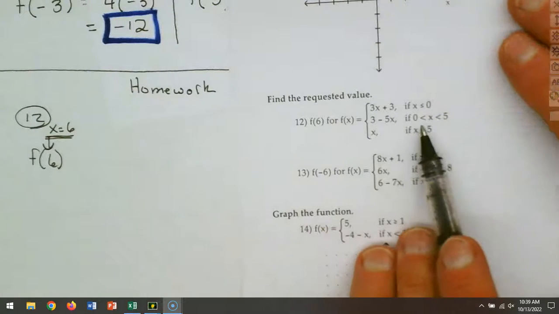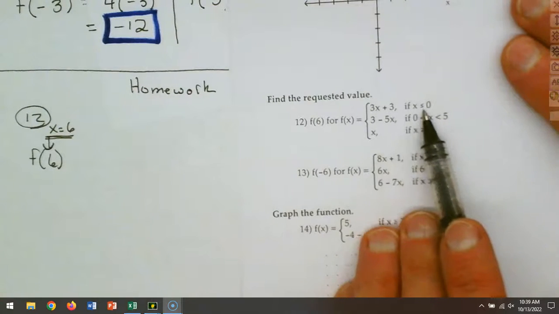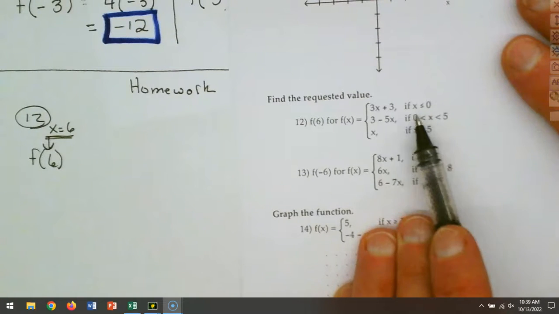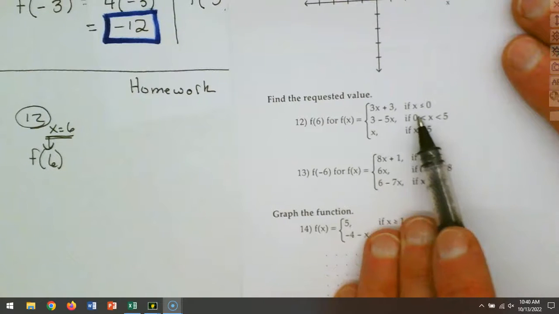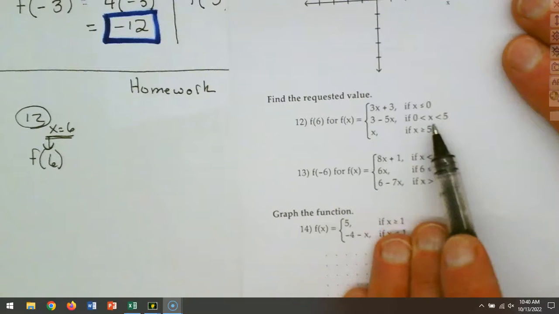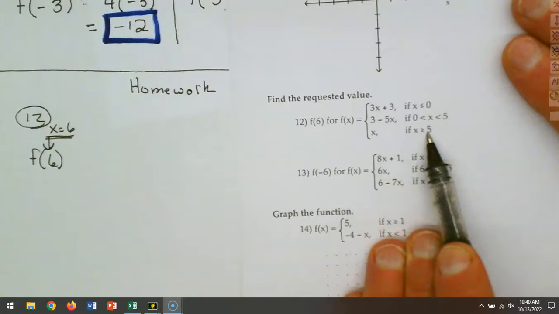Now, let's see what we've got. Row 1 is going to be for what? Numbers that are less than or equal to 0. Row 2 is for numbers that are between 0 and what? 5. And row 3, the last one, is for numbers that are larger than what? Larger than or equal to 5.